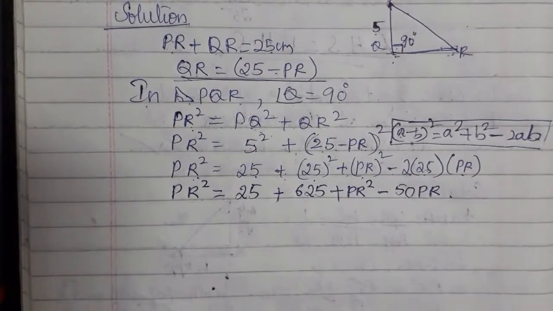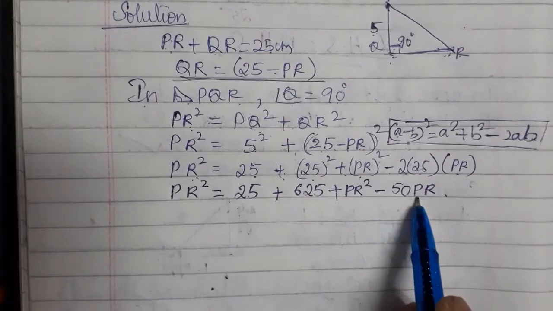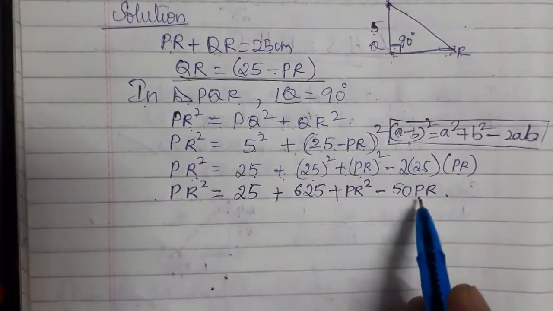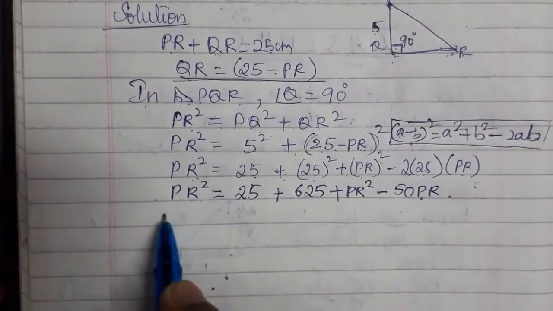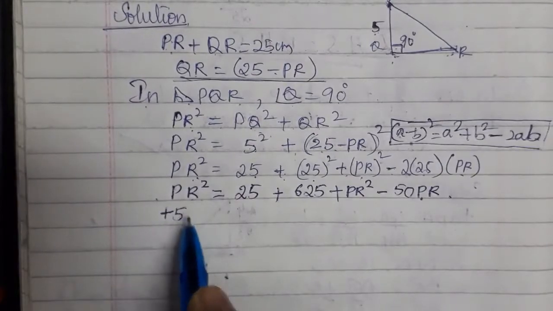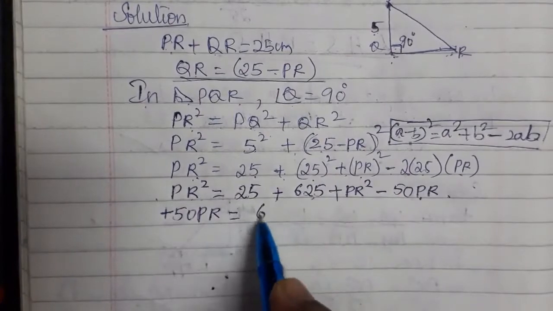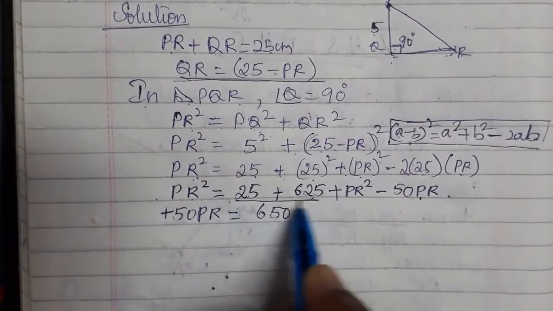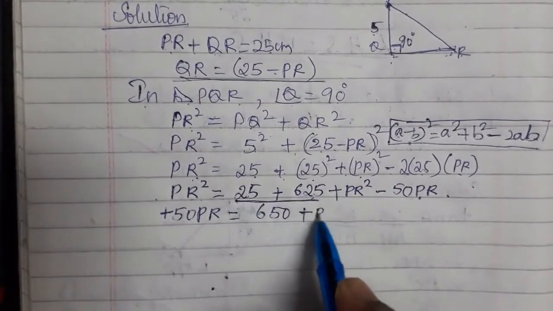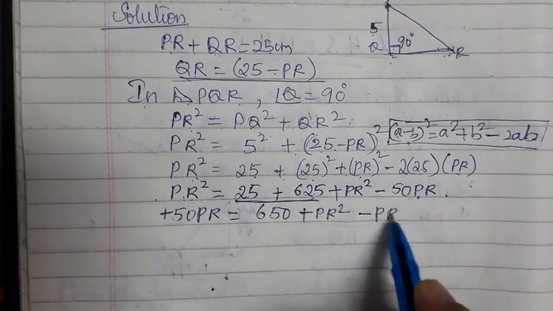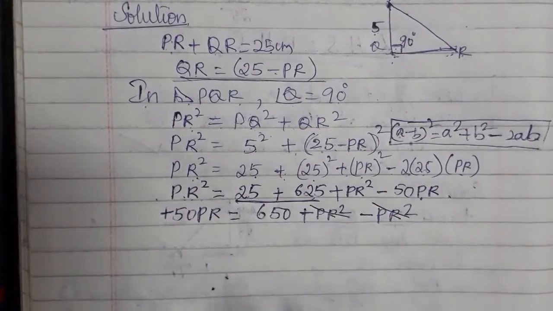Now we will shift 50 PR this side, PR square this side. Okay, when 50 PR minus 50 PR comes here, it will become plus 50 PR is equal to 625 plus 25. 650, these two I am adding. Plus PR square. When this is coming here, this will become minus PR square. Plus PR minus PR is cancelled.